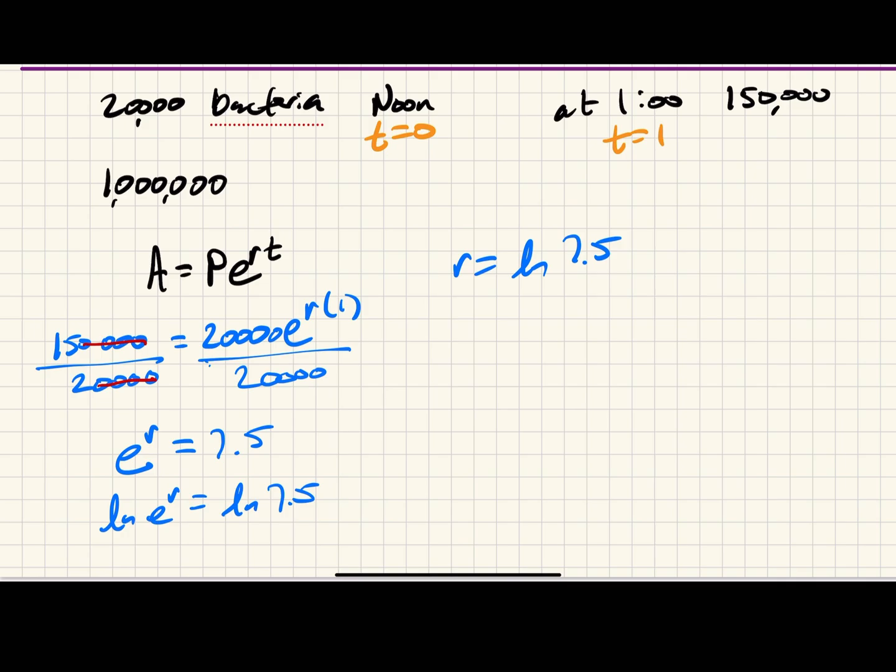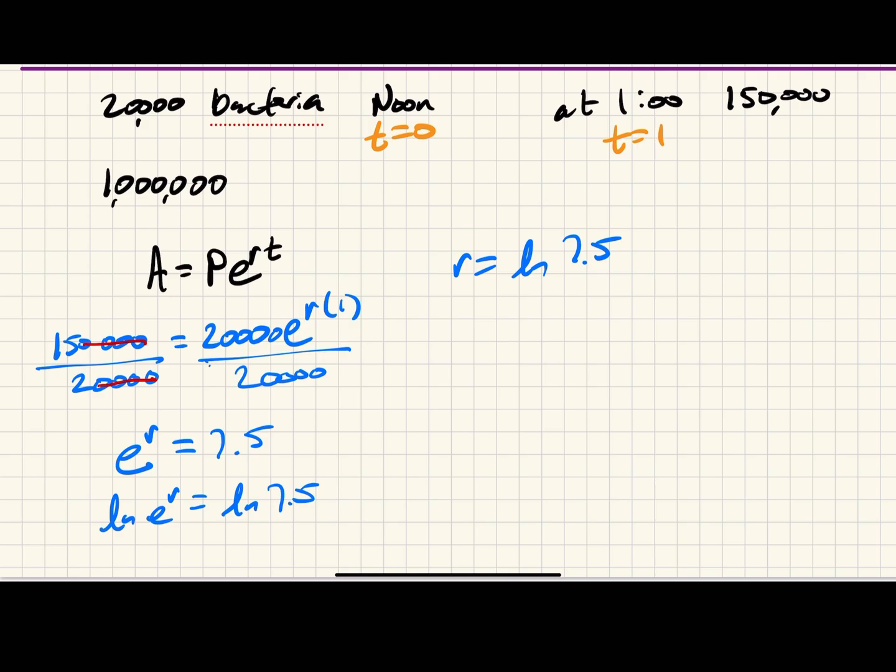Now I know what R is, and I can go back to this formula that I had, and I need to know the time when it'll be 1 million. Now, for P, I could use 20,000 or I could use 150,000. I would just have to make sure that I use the right T at the end.